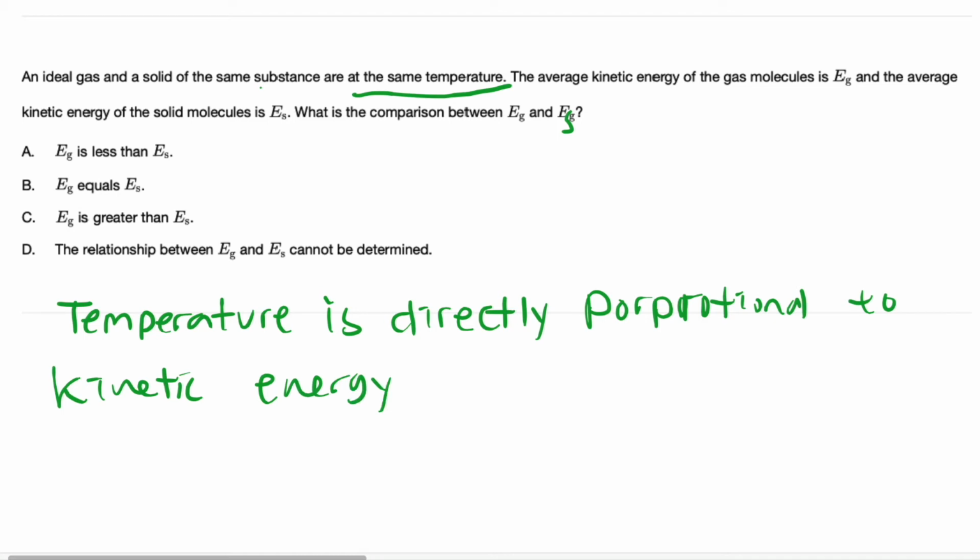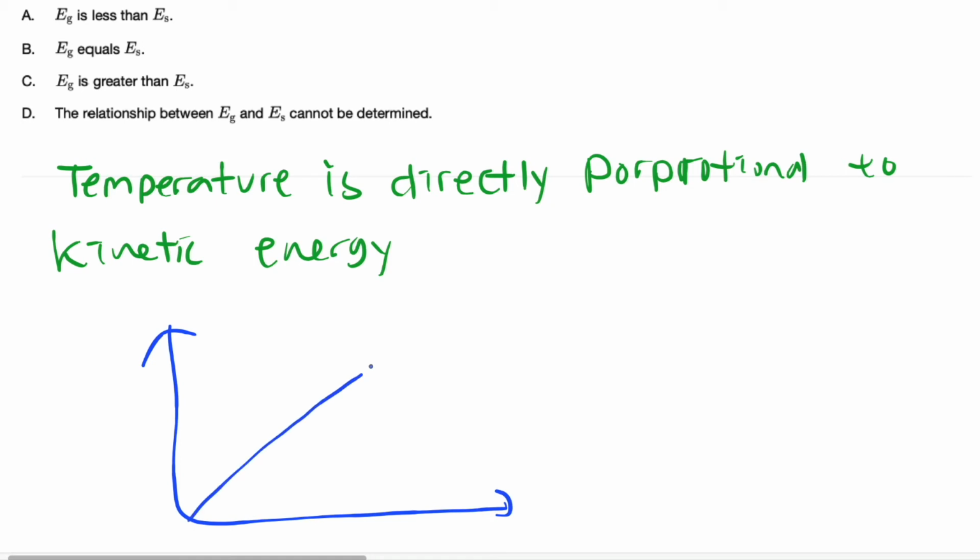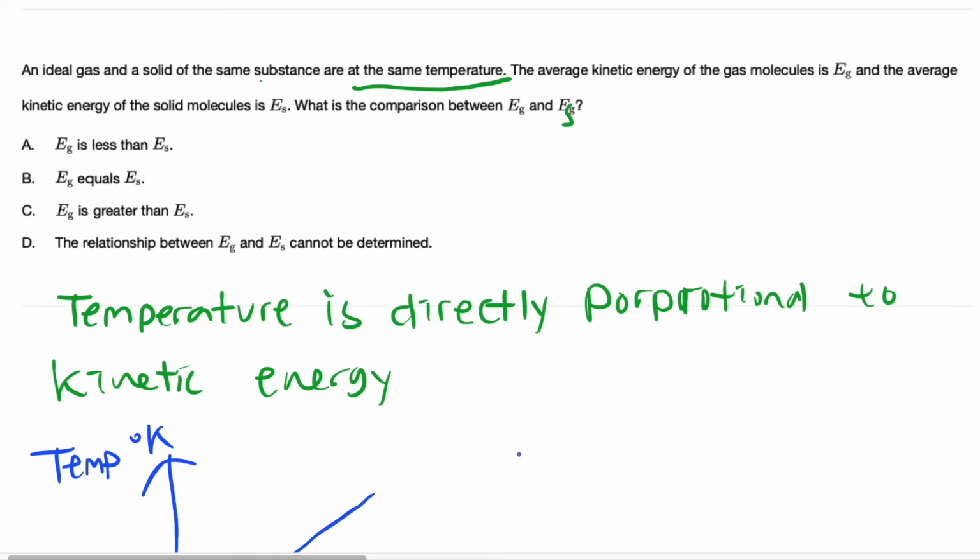So if you draw a graph of temperature versus kinetic energy, you will see something like this. And here is temperature in Kelvin, and here is kinetic energy. So as temperature increases, kinetic energy increases. And since for this ideal gas and solid they're at the same temperature, they're going to have the same amount of kinetic energy. So B is the answer.